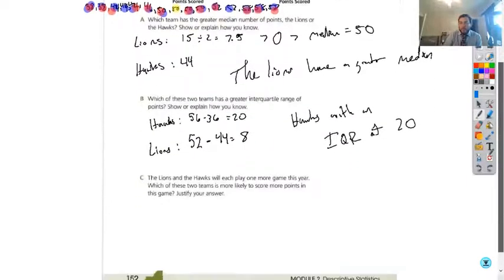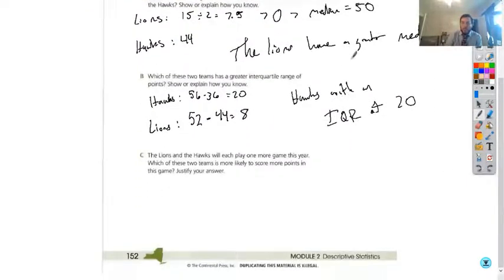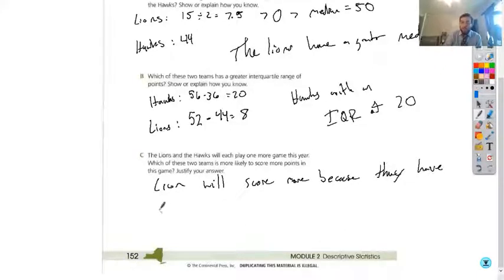So because they have a smaller interquartile range and their median is higher, I'm going to go ahead and say the Lions will score more because they have a higher median and smaller interquartile range.